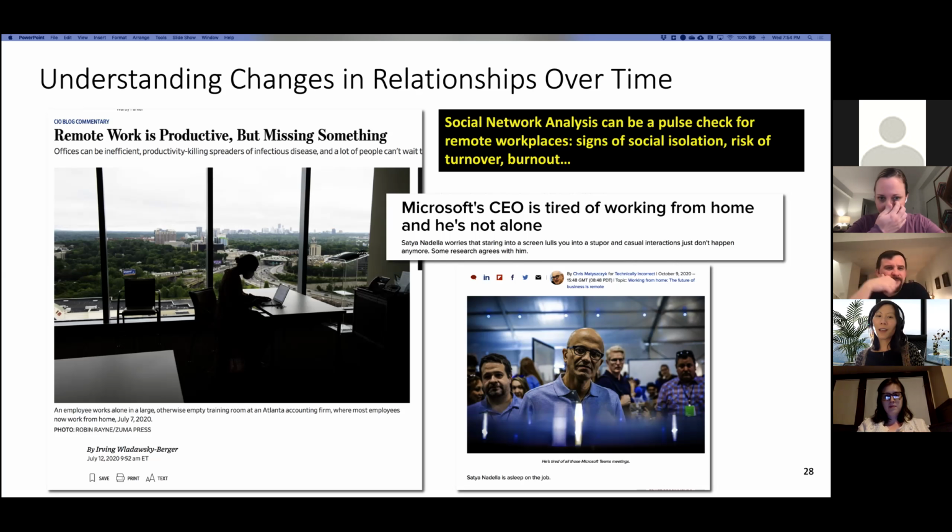I'm talking about this in an organizational context, because I study organizations, but I think it may apply outside of companies as well, to the people that we meet and interact with, and the fact that we're humans and we are social beings. So I think social network analysis can also be a pulse check for remote workplaces, in the sense that there are signs of social isolation and risk of turnover and burnout.